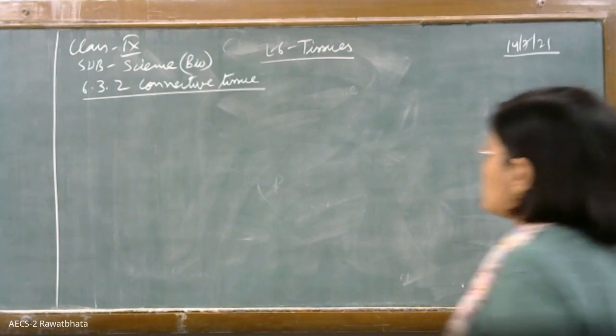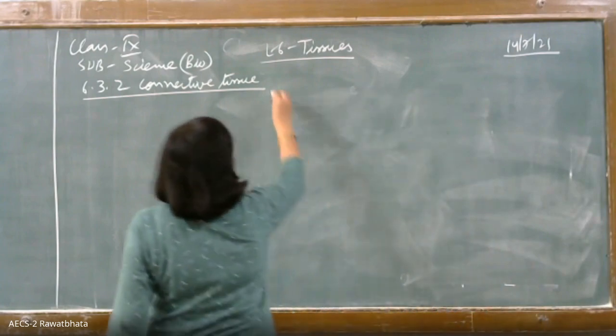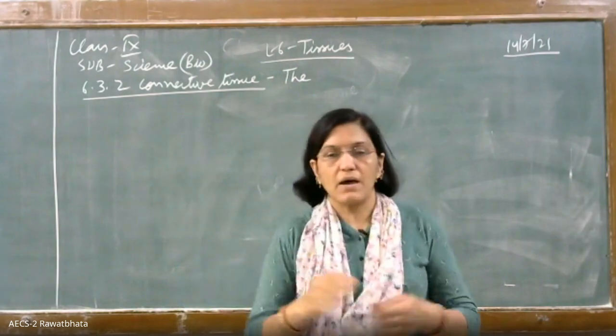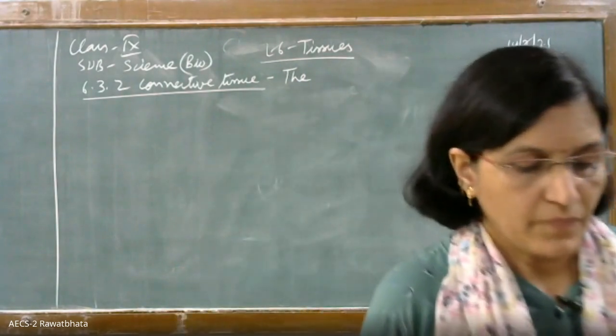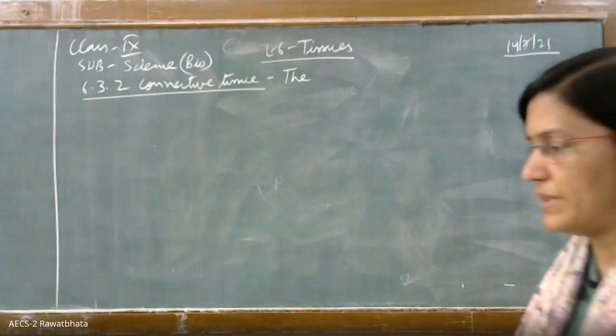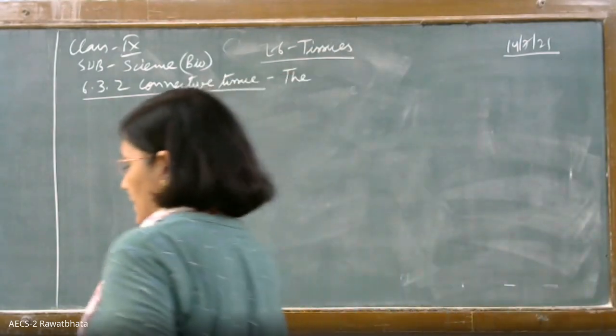The characteristic feature of this connective tissue is that the cells are widely spaced, and the space between the cells is actually occupied by the matrix.